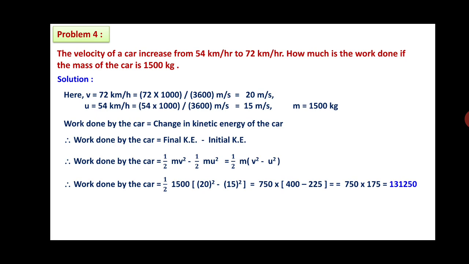So work done by the car is equal to half into 1500 into bracket 20 square minus 15 square, which will be 1500 by 2, that will be 750 into, in the bracket, square of 20 is 400 minus square of 15 is 225. Therefore 750 into the subtraction of 400 minus 225, which is 175, and the product of these two will be 131,250. So the work done by the car will be 131,250 joule.